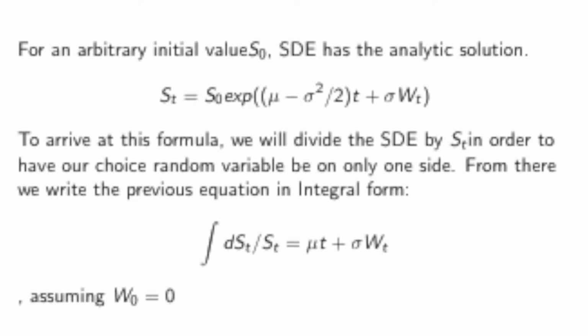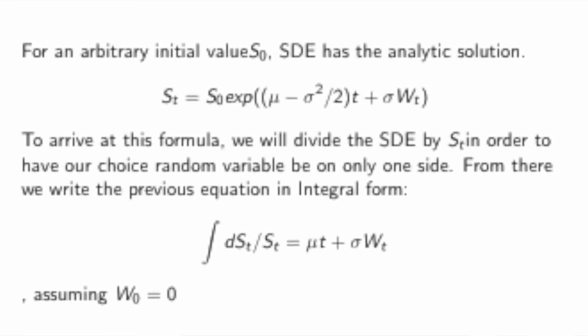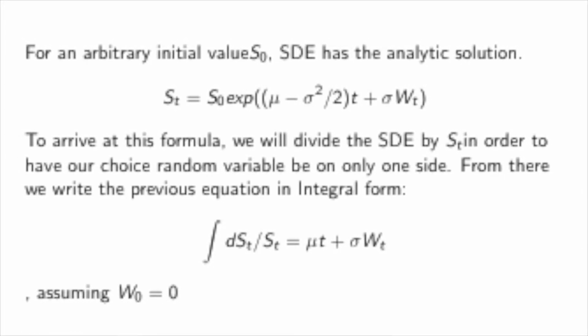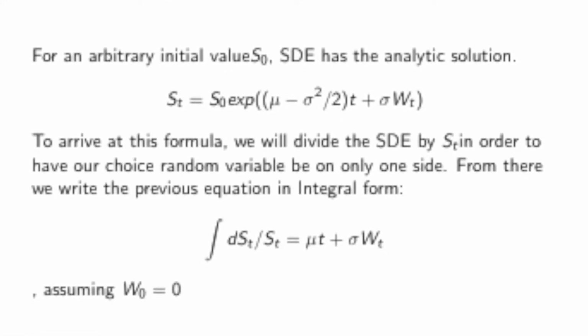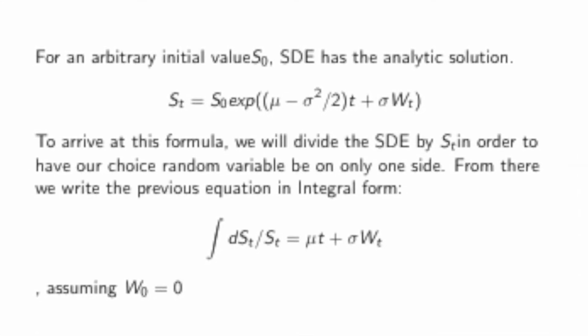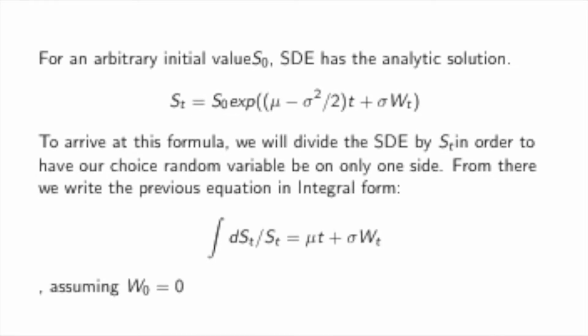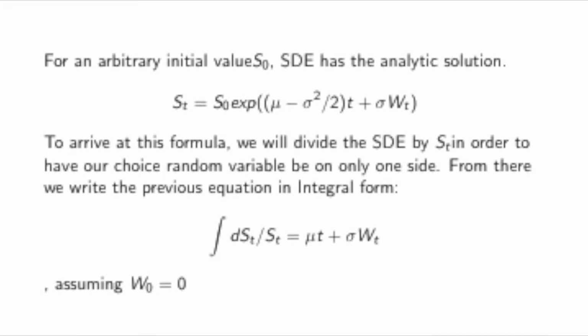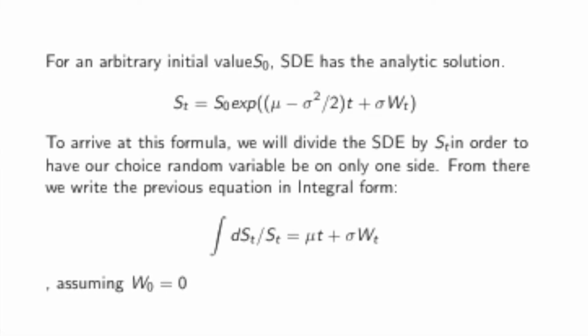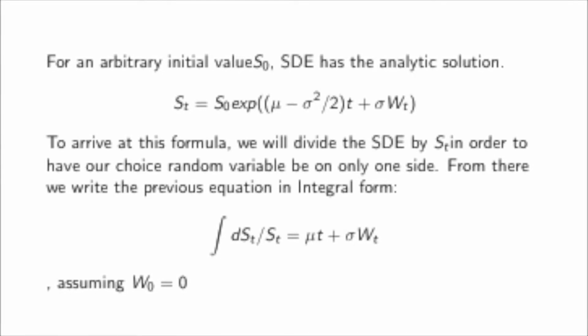To arrive at this formula, we will divide the stochastic differential equation by S(t) in order to have our random variable on only one side. From there, we write the previous equation in integral form, assuming W0 equals 0.